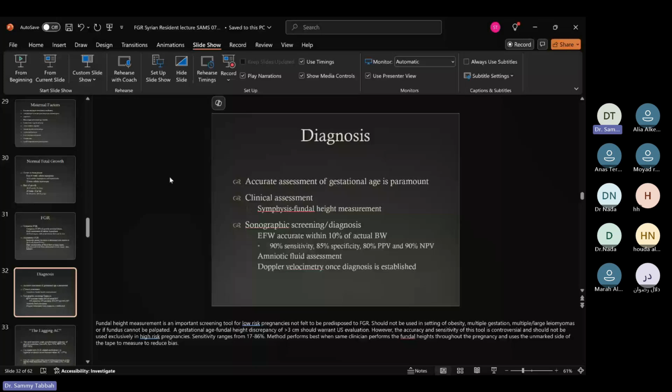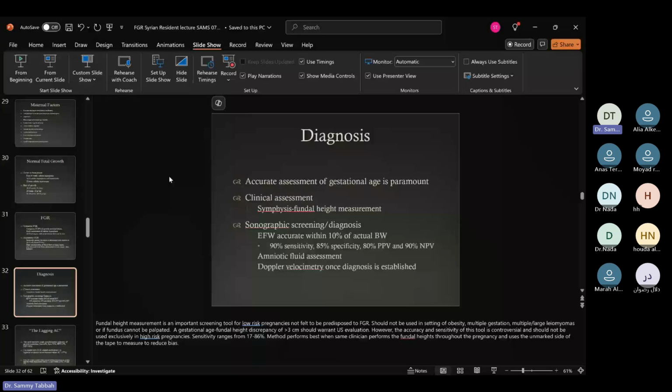If you don't have that, then it becomes more difficult to diagnose fetal growth restriction. You have to use ultrasound findings like femur length or cerebellar diameter to help you understand what is the most accurate assessment of gestational age for that fetus.